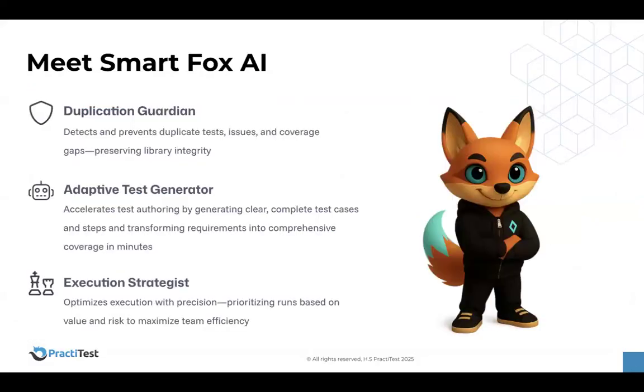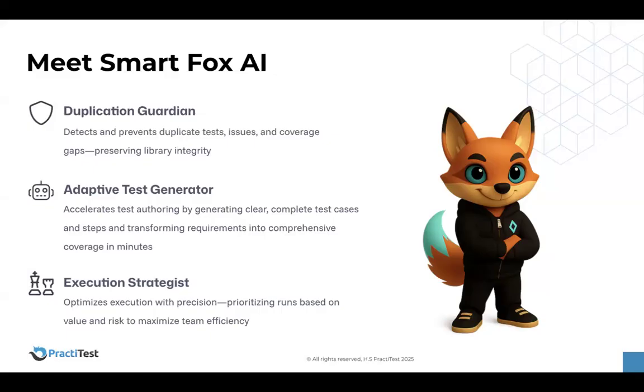Saying that we are powered by AI, we have some very cool AI-assisted features. The duplication guardian, I will show it to you in the test module and in the issue module as well. The test generator also, we'll have a little demo of how that works.